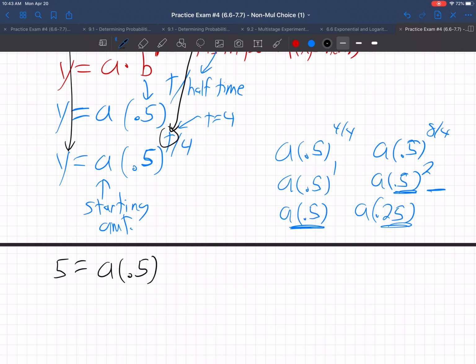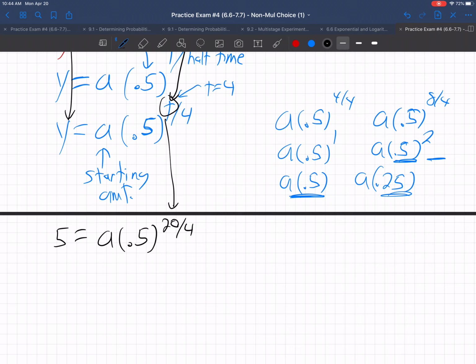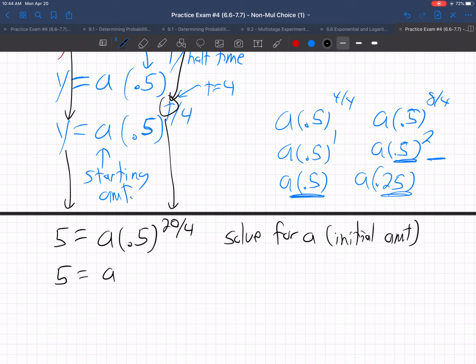So put in t to be 20. The y became 5. So now we can solve for A, which is the initial or starting amount. So let's solve this equation for A.